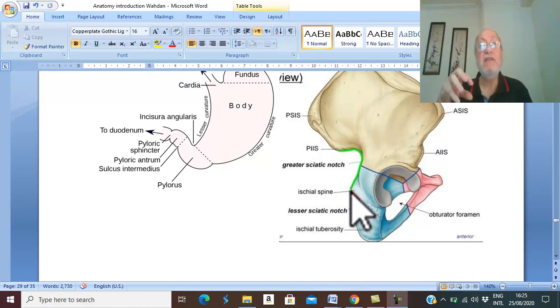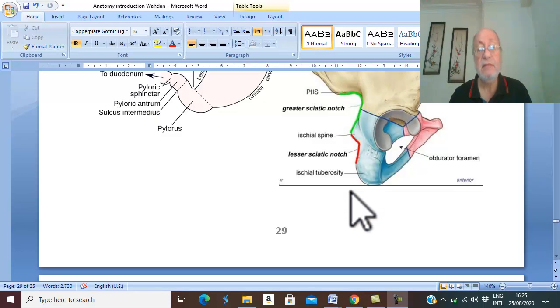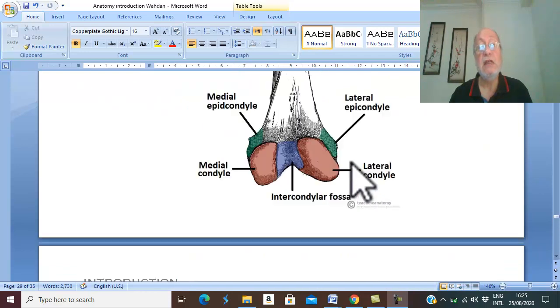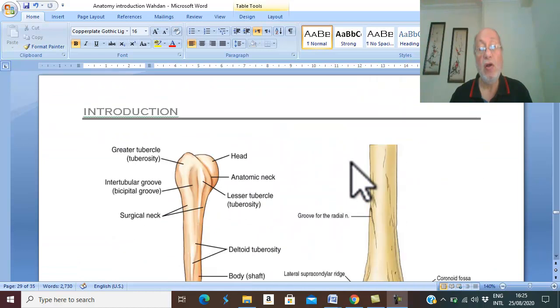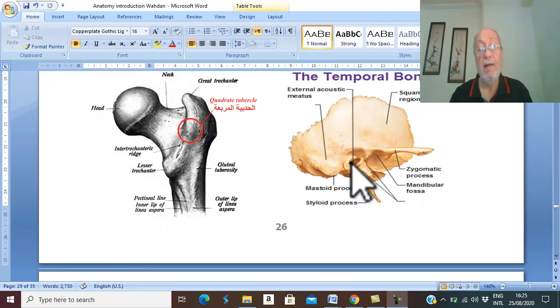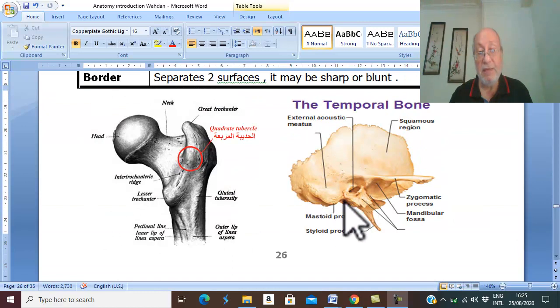Therefore, spine is an elevation with a pointed end, while process is like this. This is a process, a typical process. Elongated projection with blunt end.